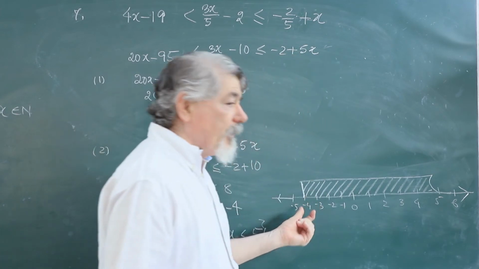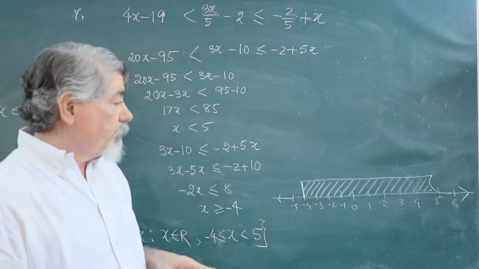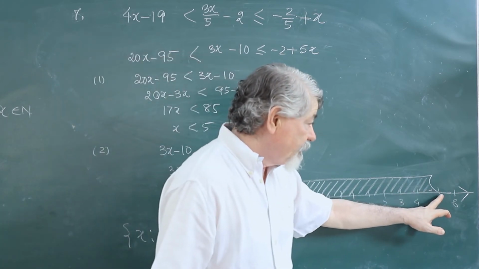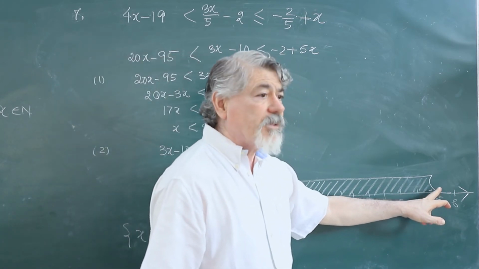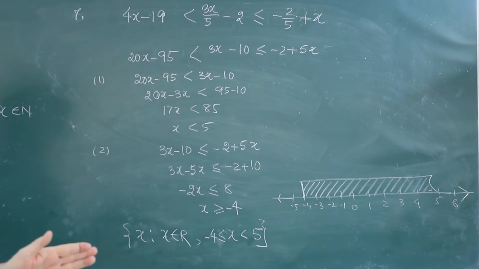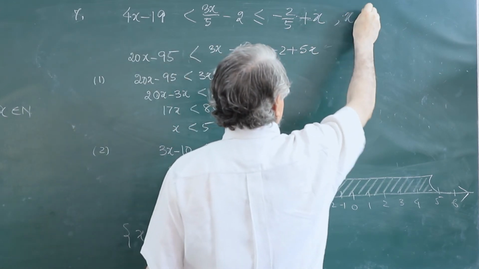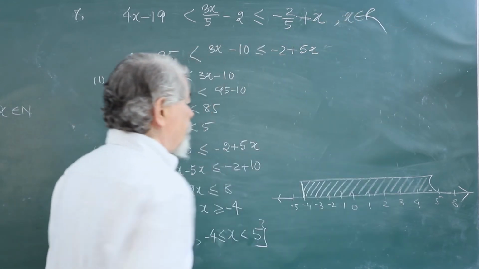That means all the numbers starting from minus 4, including minus 4, till 5, but 5 is not included. All the numbers before 5 are there, but not 5. So that is how we get the solution set.